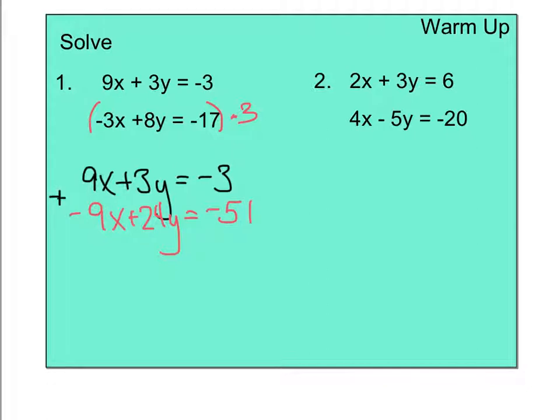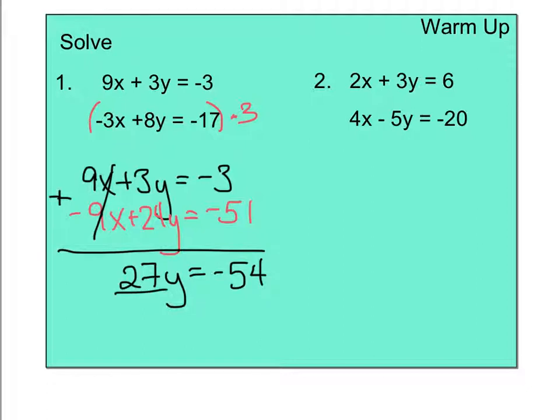Since these x's are now opposites, they're going to eliminate. 3y plus 24y makes 27y. Negative 3 plus negative 51 is negative 54. Divide by 27. Y equals negative 2.